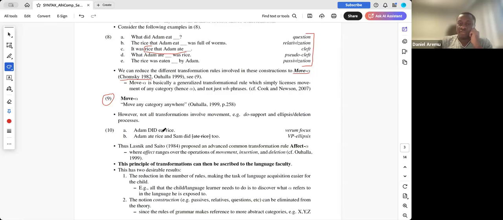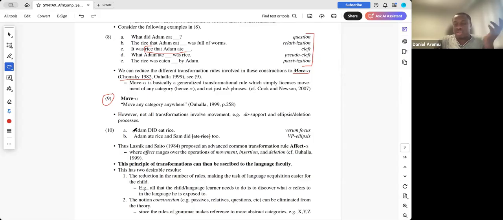So now you have a case of do support or do insertion, basically, because you just inserted a do in order to get that interpretation. And not just with this example, there are other examples where you have do support, right? If you have, for example, yes or no questions, did Adam eat rice? You need a do support. And in that case, no movement occurred.